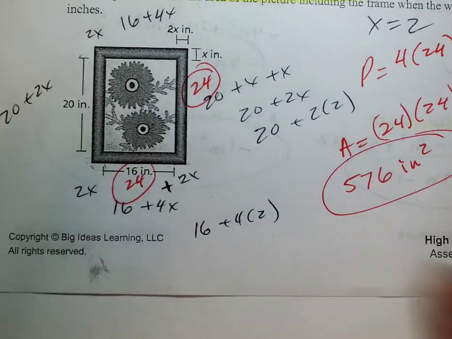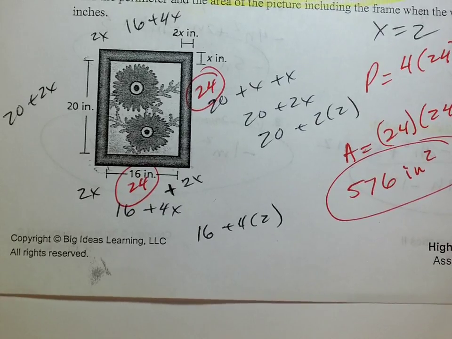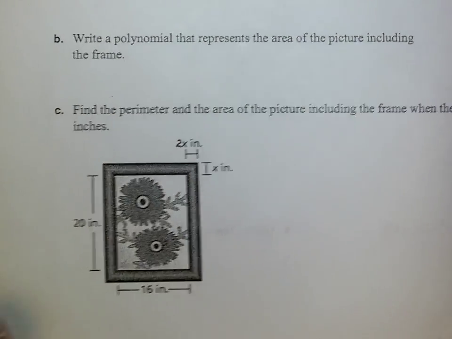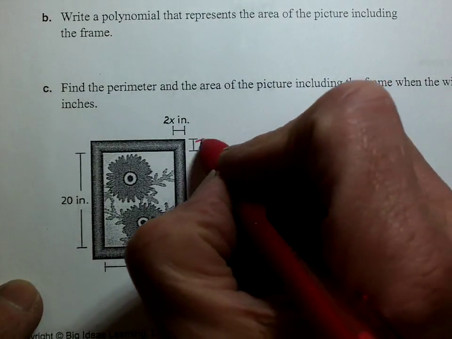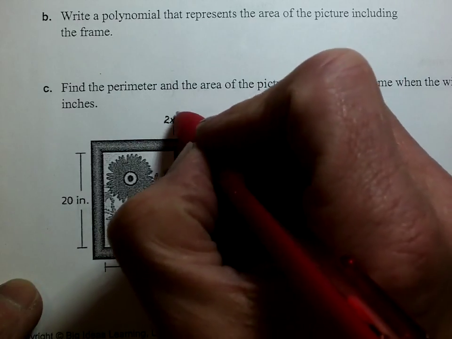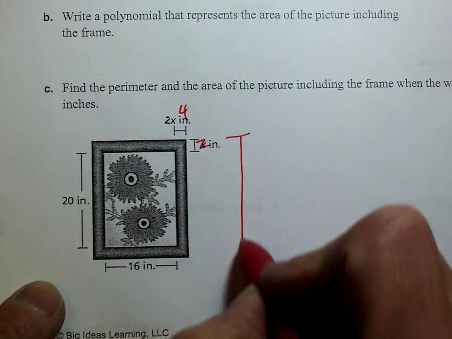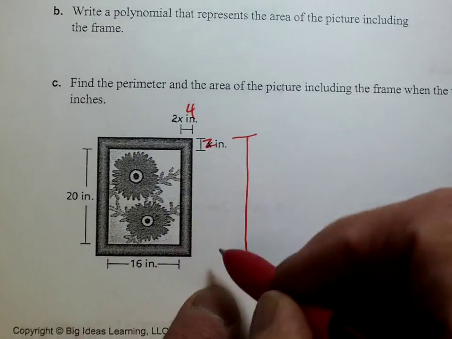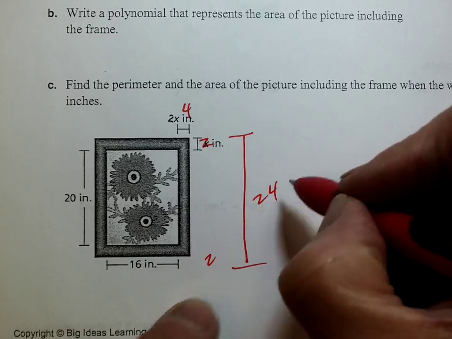Okay, so all I did, if you're confused, and maybe another way to do it, is to check it out and do it this way. Okay, want to see it? Another way to do it? Can I show you another way? Okay, another way. Watch. So if this is going to be 2, and then that would be 4, right? Another way to do it is say, well, wait a minute, this is 20 plus 2 and 2, so this whole thing's going to be 24.